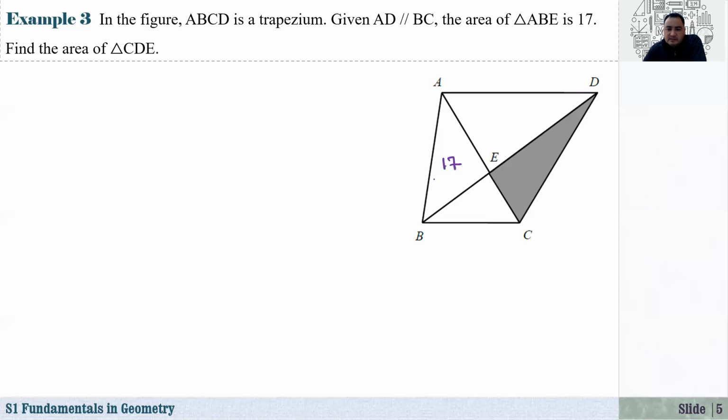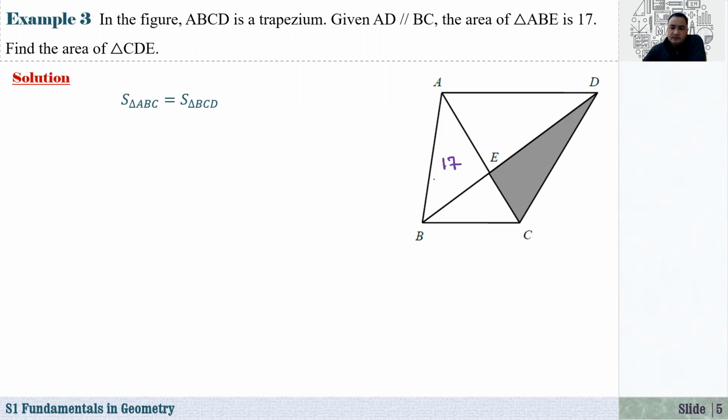Immediately we know that since AD is parallel to BC, the shortest distance from A to BC and from D to BC are equal. And also the bases are equal. So from here, the area of ABC is equal to the area of BCD.